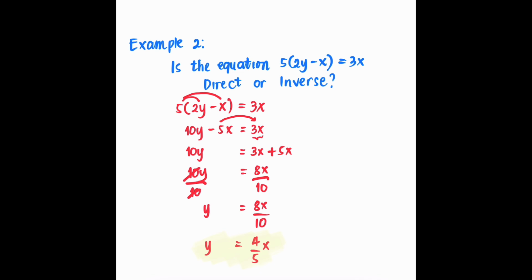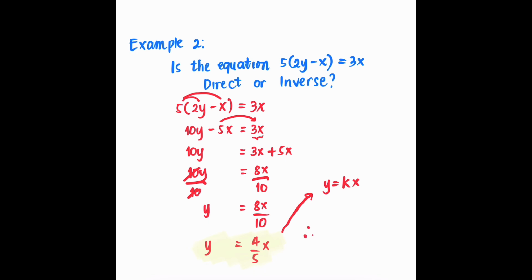Now, we go back to the general form or standard form of the equation for direct proportion and inverse proportion. If you can recall, this equation right here actually follows the direct proportion equation, which is y equals kx. So you have y equals kx.